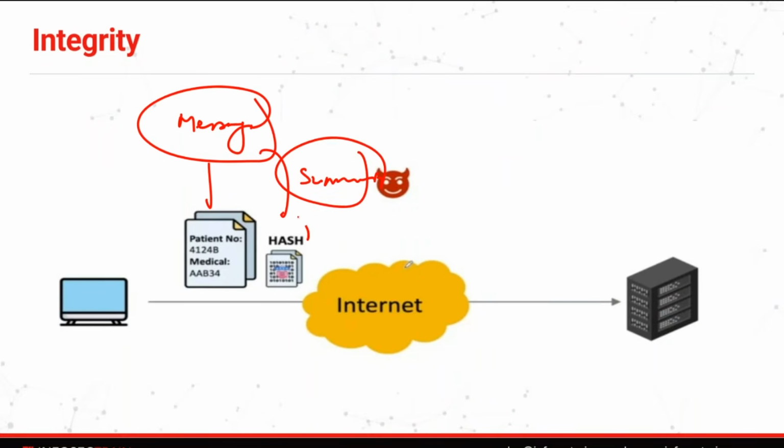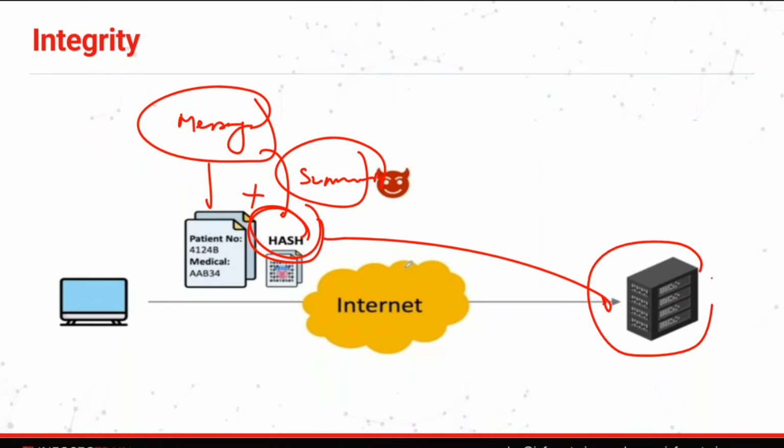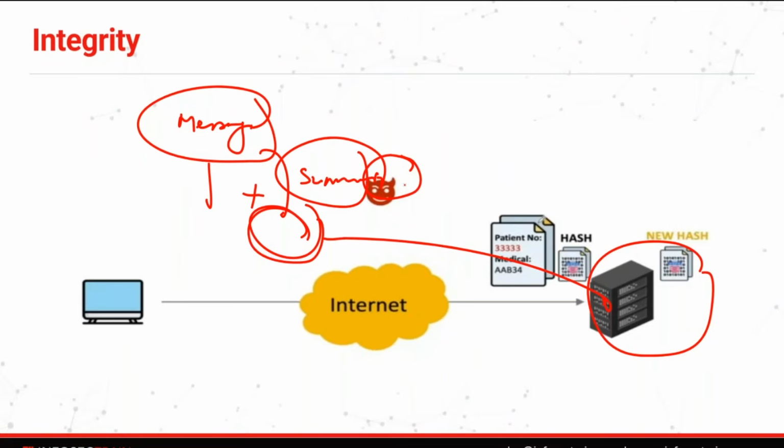That is your hash. Now I am going to send the message along with the hash to the particular server. Now here, if the attacker is there, and the attacker changes the message here.